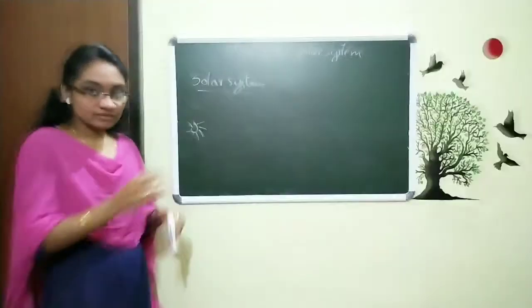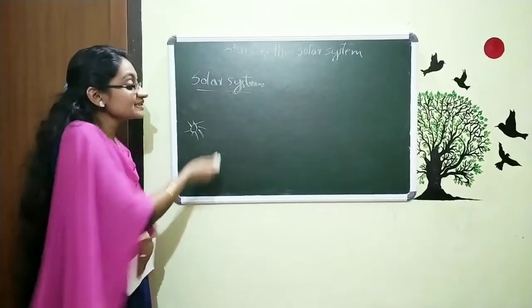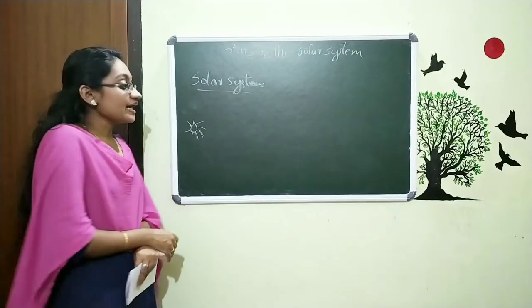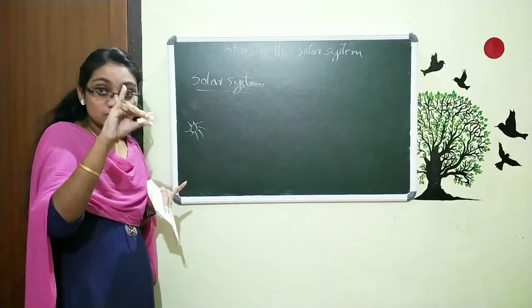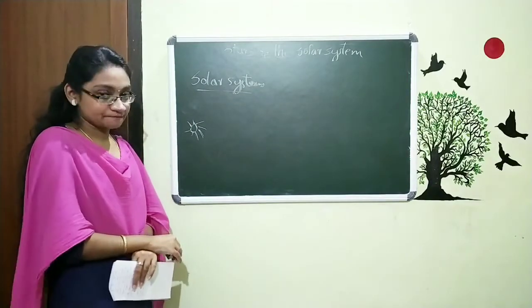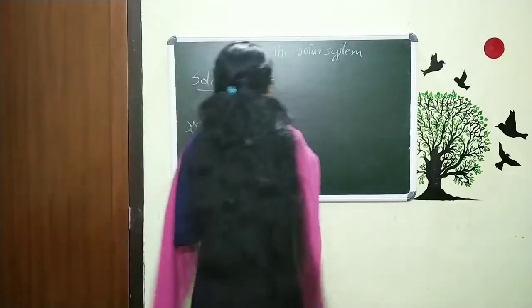Other planets revolve around the sun. Now the question is, which is the nearest planet and which is the next planet? We want to study the order of the planets and also the names.